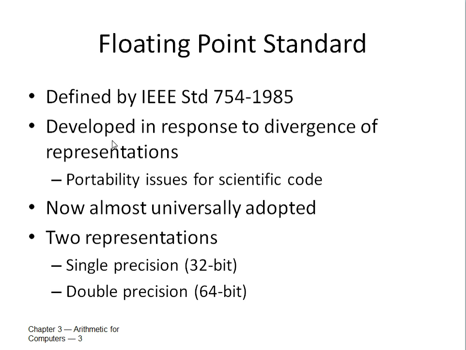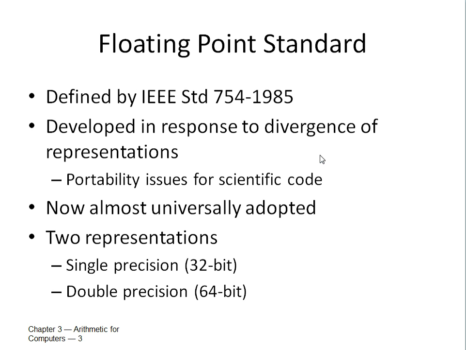Okay, so the reason why this came together is there were a lot of different standards. Every manufacturer made their own floating point number standard, and they had different precisions and different exponent ranges. So if you were doing any type of calculation, you could never move code between them. Your answers were different. You couldn't compare them, and all kinds of weird stuff happens. Some of them were really efficient in some areas, and others were efficient in others.